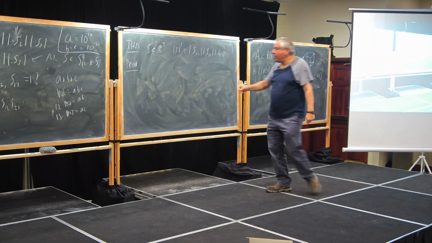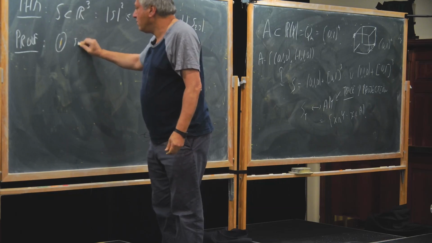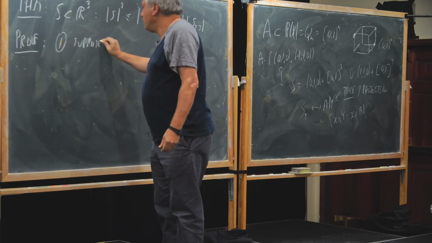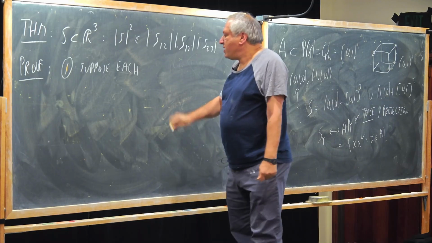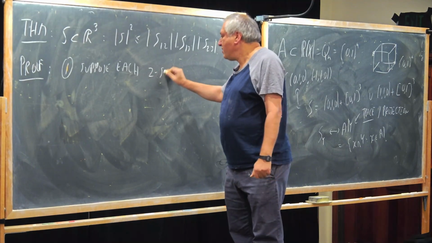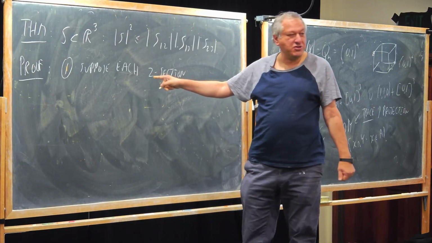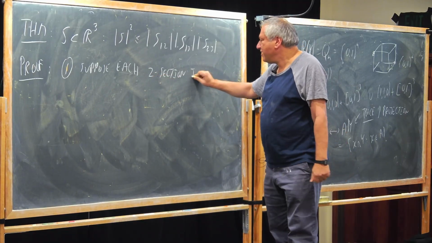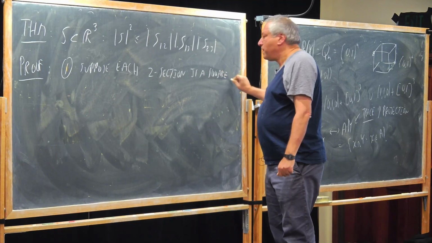So let's first say, suppose each Z section, that's a Z, not a 2, by the way, is a square.